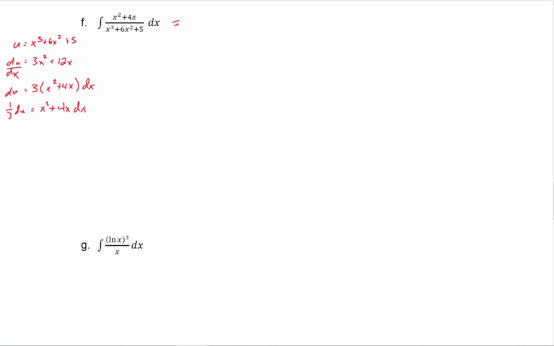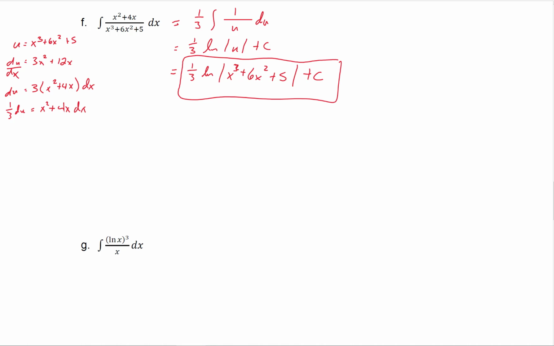And now we're good, so we end up with 1/3 the integral of 1 over u du. So 1/3 natural log absolute value of u plus c. So 1/3 natural log absolute value of x cubed plus 6x squared plus 5, plus c. And then as always, you should check this.